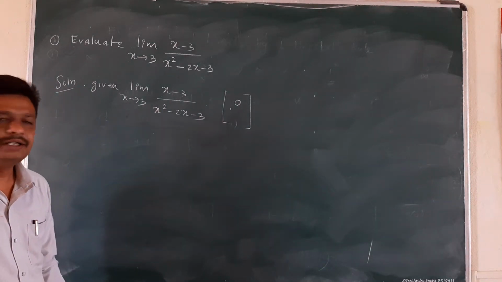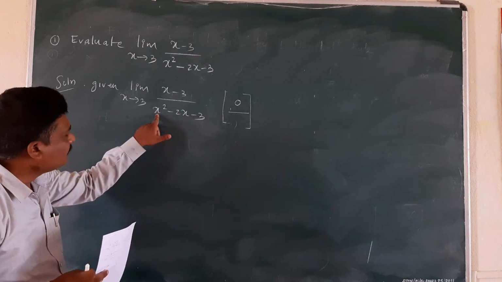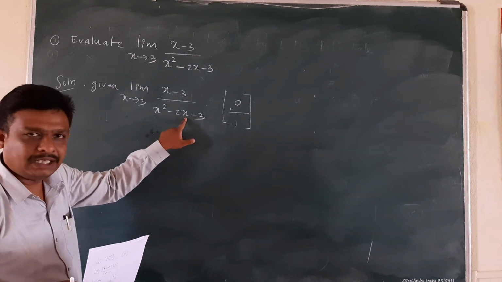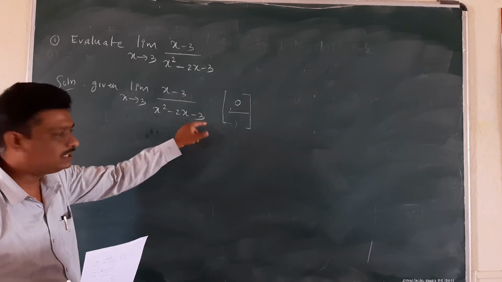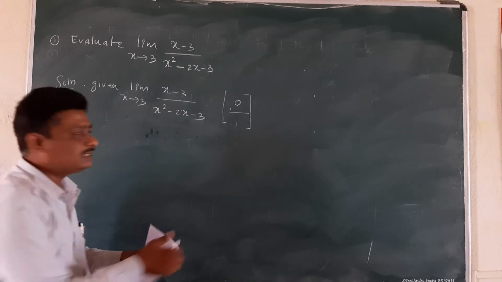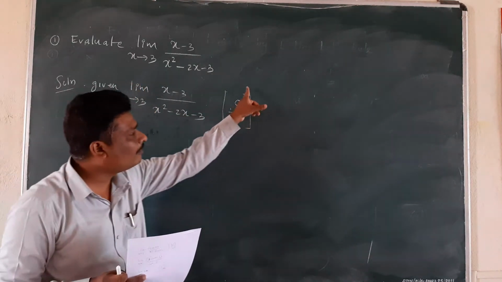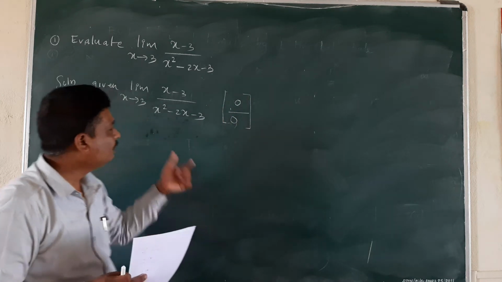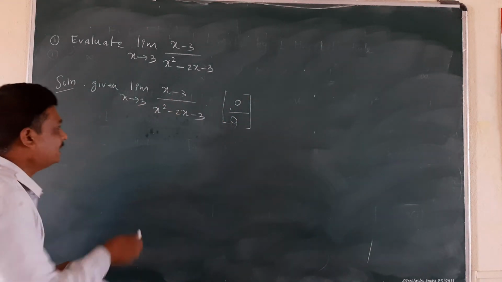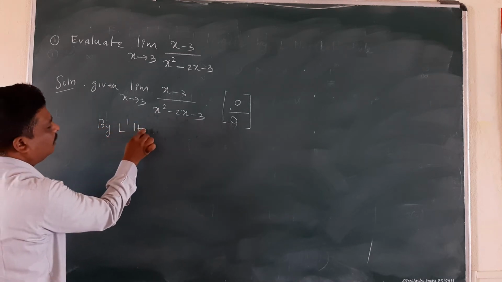The denominator becomes 3 square is 9, minus 2 into 3 is 6, minus 3, that is 9 minus 6 minus 3, which is 0. So the given problem is in the form of 0 by 0. Therefore you cannot evaluate the limit directly. So I will apply L'Hospital rule.